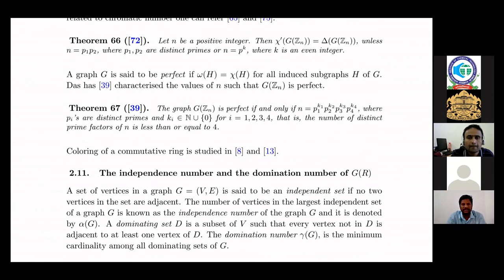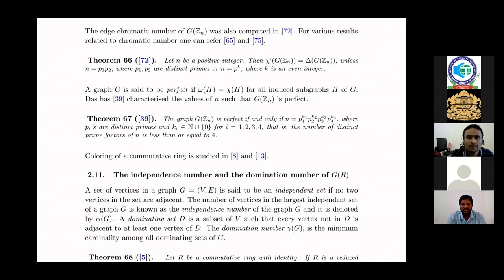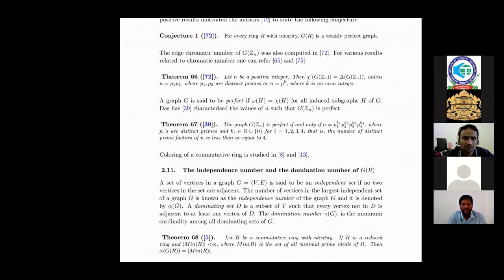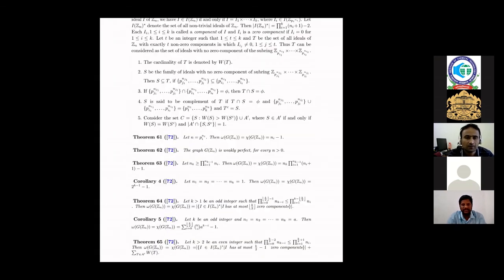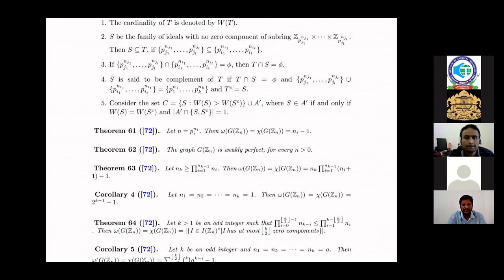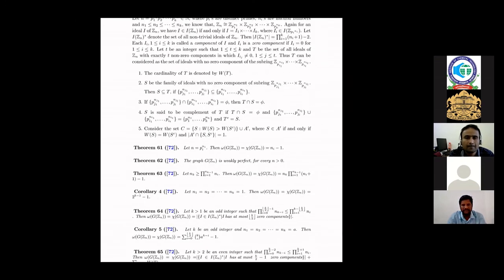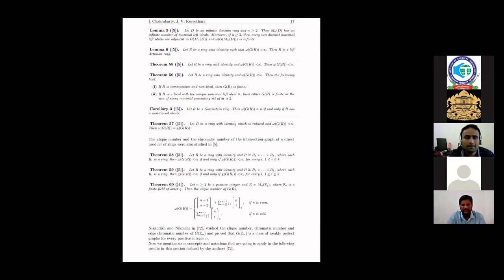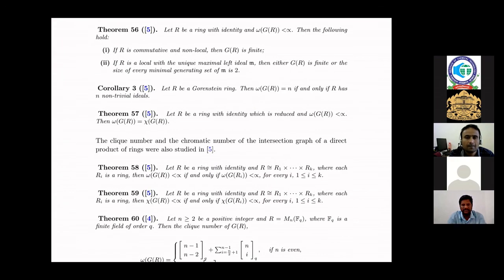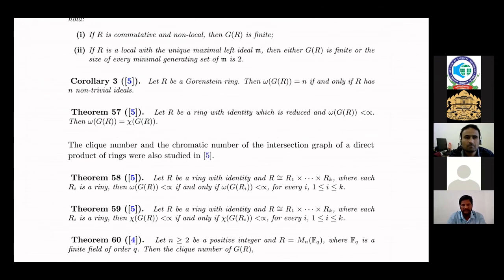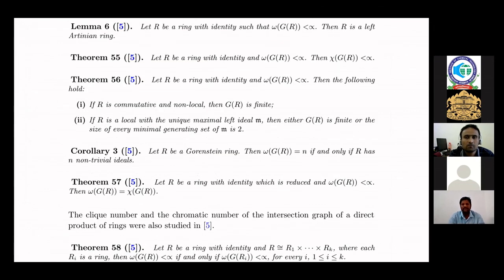Even they are searching for the perfectness of these graphs. Then the coloring of the graphs: there are results on clique numbers and chromatic numbers. A lot of work has been done, and there are various kinds of rings considered for which these clique numbers and chromatic numbers are studied.